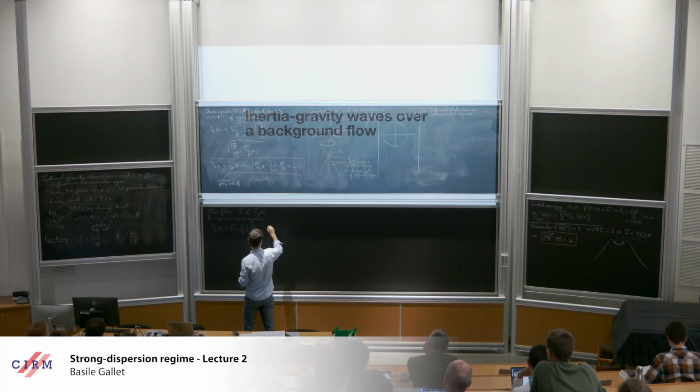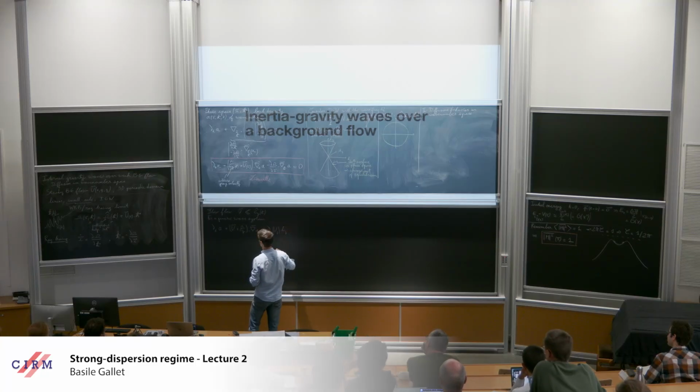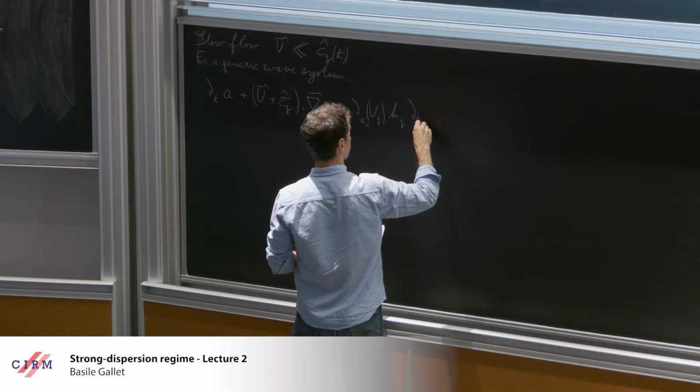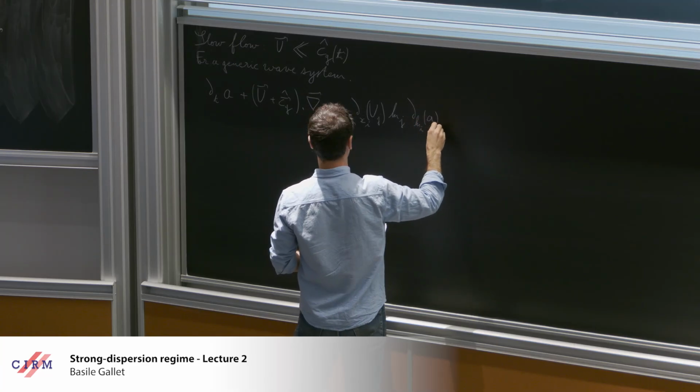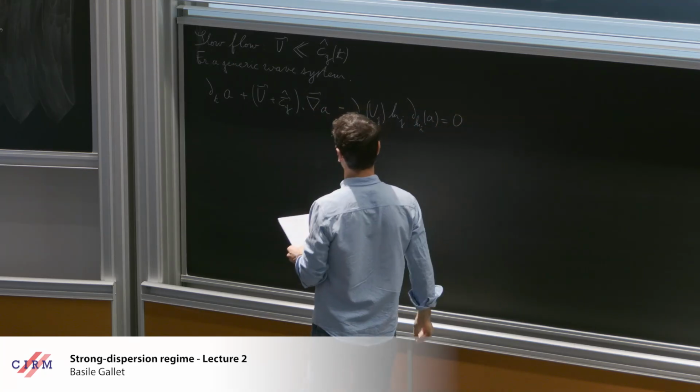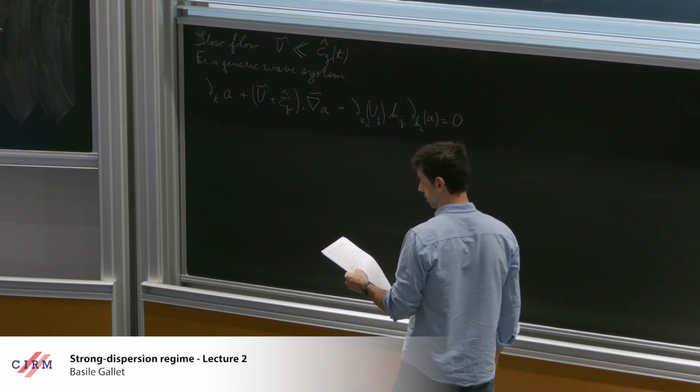So it's minus d_xi of u_j k_j d_ki of A equals 0.